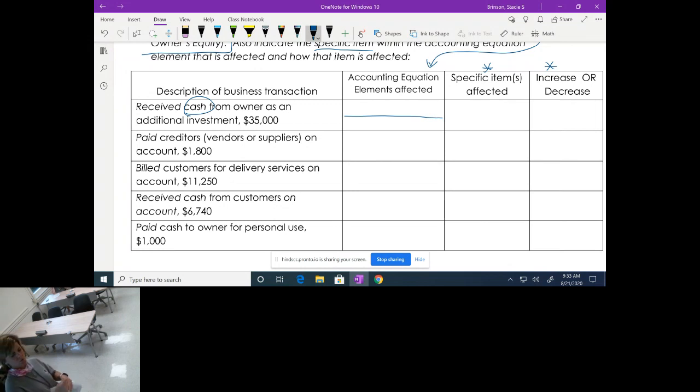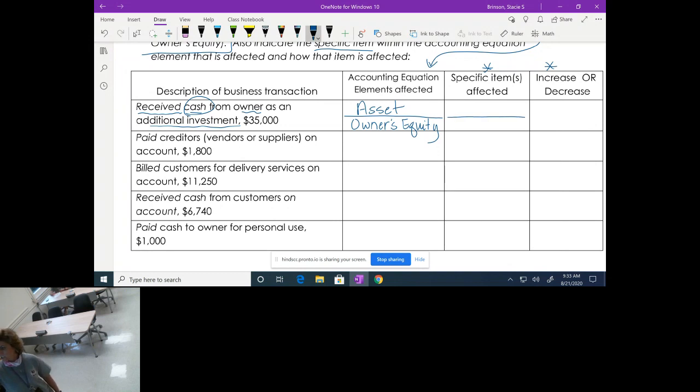But just be sure you're recognizing what happened here. We received cash, so you know cash is coming in, and you said that's an asset, right? And you said owner's equity as well. And the reason we've got owner's equity affected is because the owner is making an investment. That make sense? Are you lost already? Okay, we're going to go through all of these and see how you feel after that. So which specific items were affected?